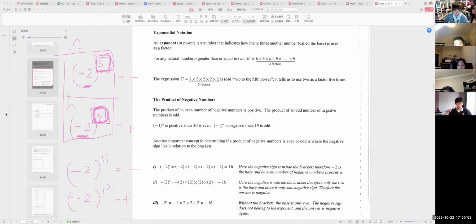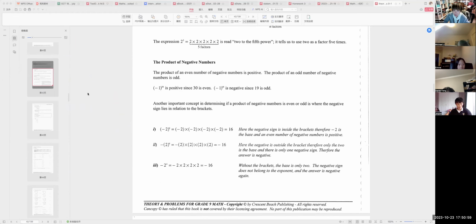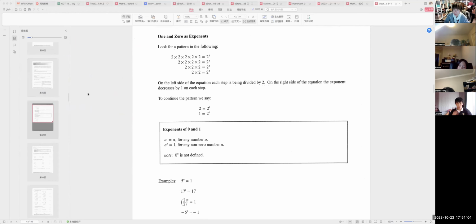This is very important. When you see a power and a negative base, you just use this rule. Now let's take a look at 1 and 0 as exponents. Zero is something very different.